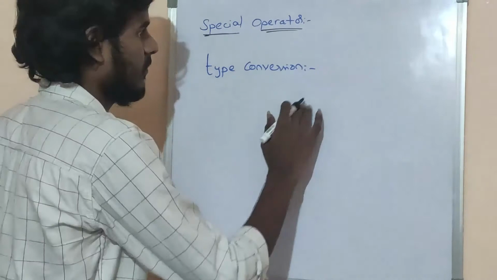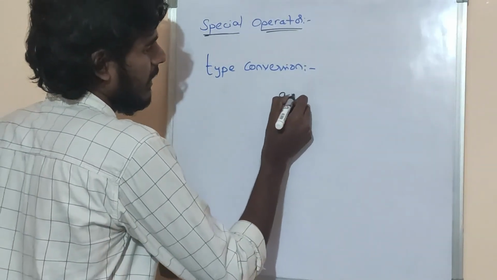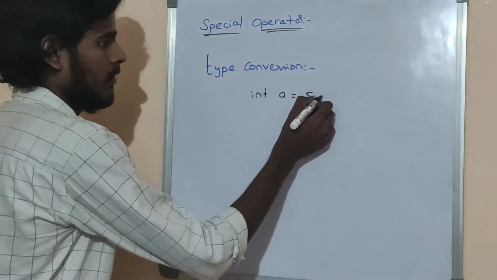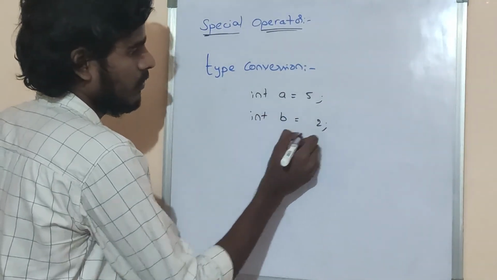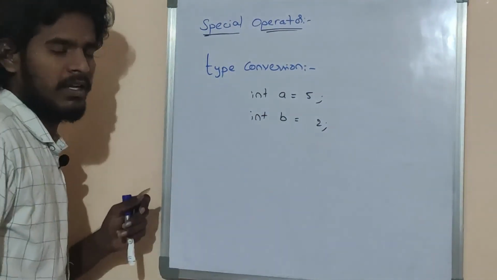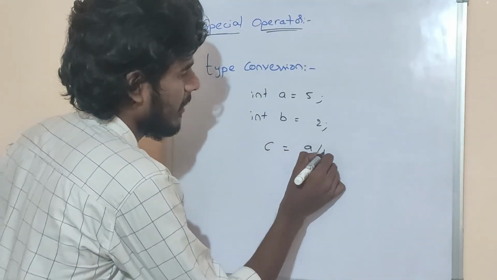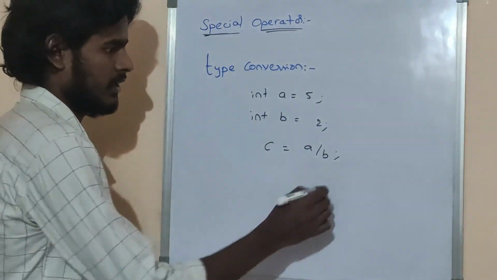Okay, listen carefully. Here, for example, int a is equal to 5. This is the int type. Here, int b is equal to 2. It is also int type. Then c is equal to a by b. Okay, what will we get as the output?